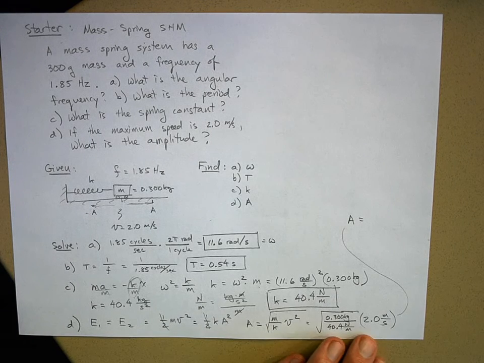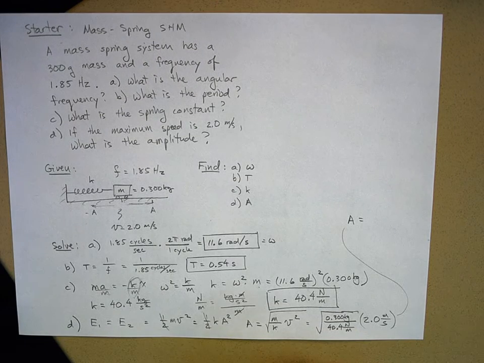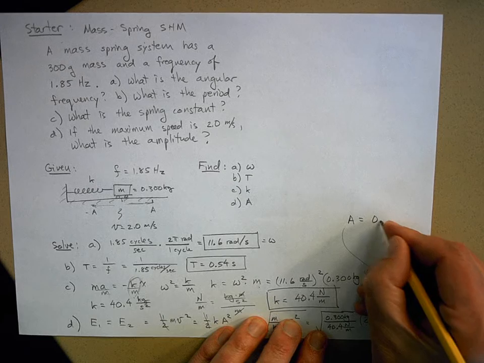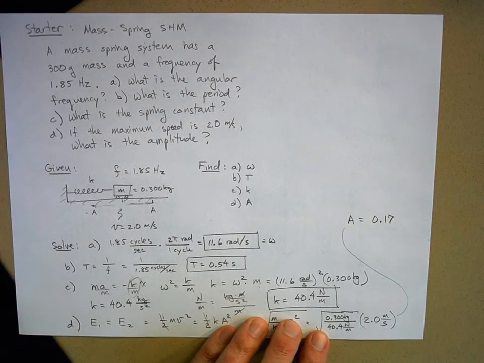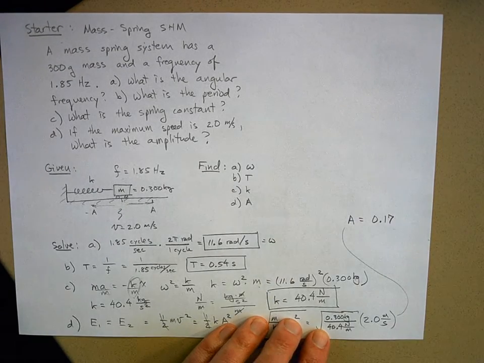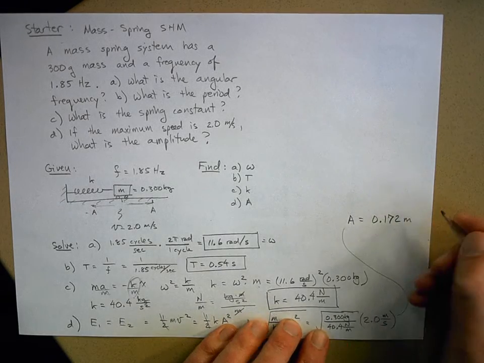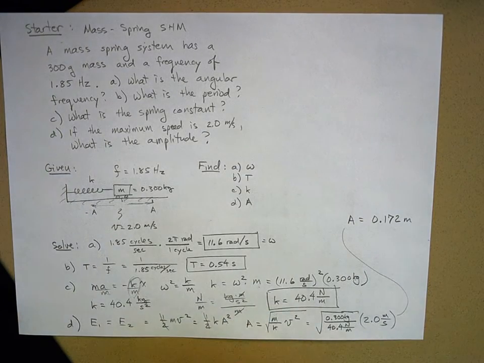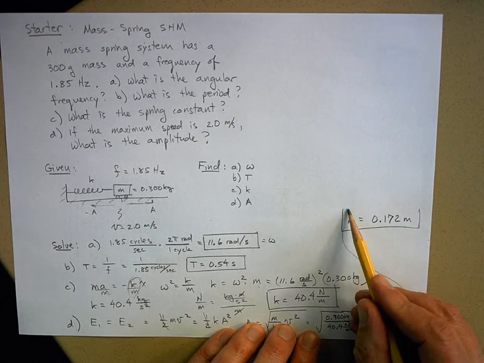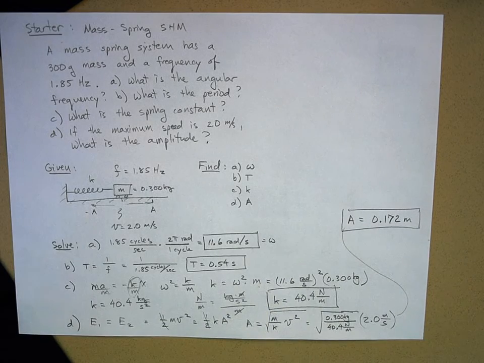And then I'm going to multiply that times 2. And I get 0.172 meters, or 17.2 centimeters. You may want to put it in centimeters.